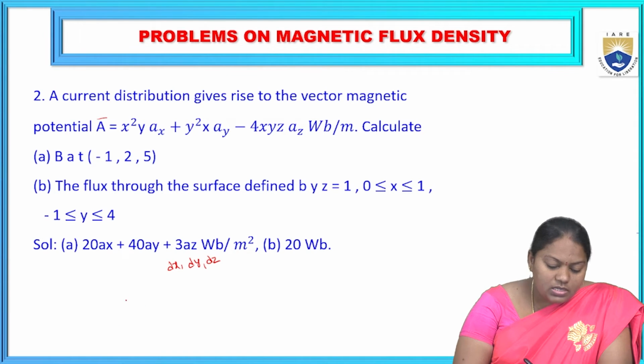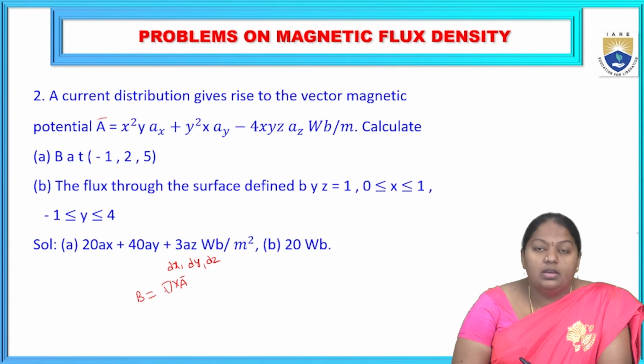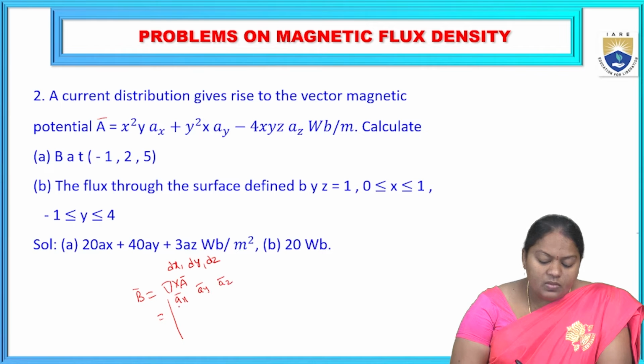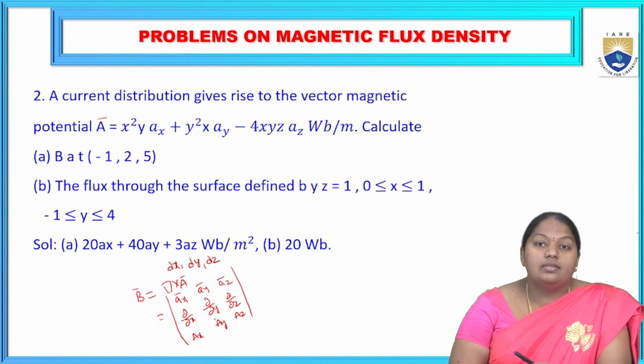The relation between B and A is written as B bar equal to del cross A bar. Upon expanding this, in the first row we write all the unit vectors ax, ay and az. In the second row, the partial derivative terms dou by dou x, dou by dou y and dou by dou z. In the third row, we write the magnitude terms Ax, Ay, Az.